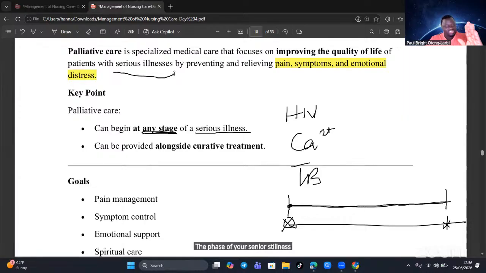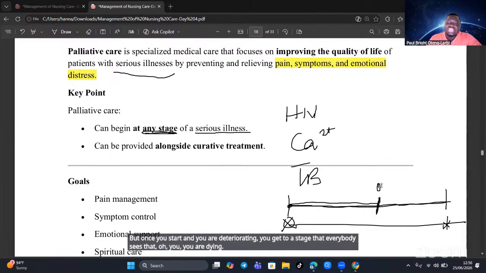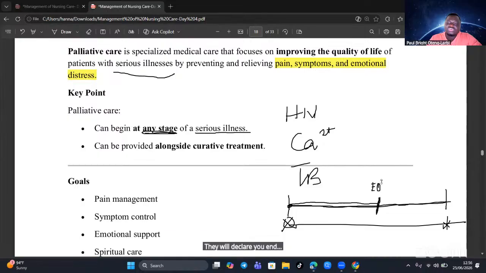Okay. Yes. But once you start and you are deteriorating, you get to a stage that everybody sees that, oh, you are dying. They will declare you end of life. So from the end of life to the day you die, you will now start receiving what we call hospice care. So over here, your comfort is the most important thing.